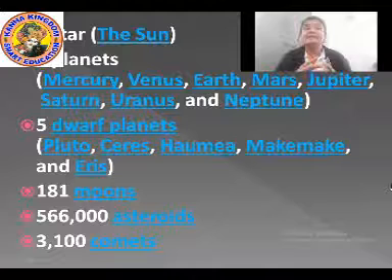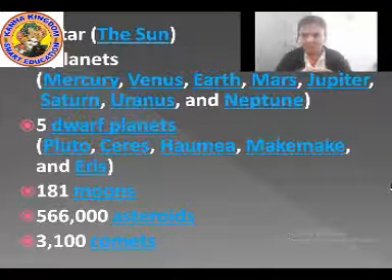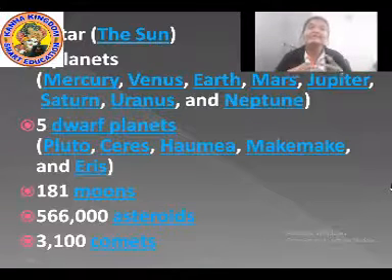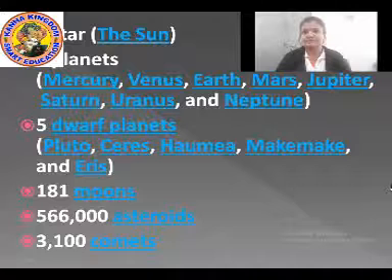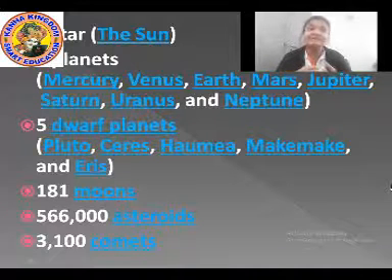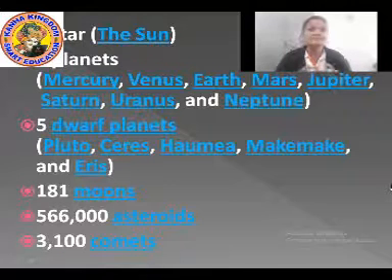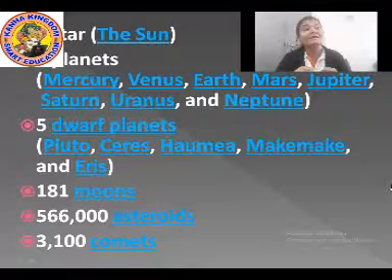Okay? Now talking about comets. One comet by the name of Halley, or Halley's Comet, appears about every 76 years. About every 76 years you can see Halley's Comet.